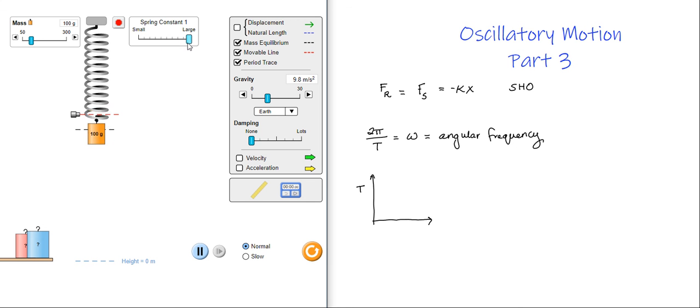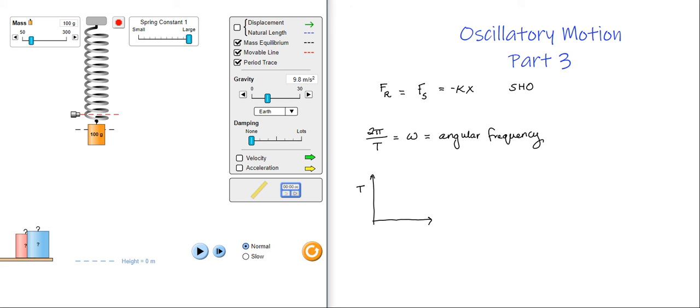Let's see if we really exaggerate it. We see that this amplitude is maybe changing a little bit. The spring is definitely responding. And so as the spring constant increases, we see a definite decrease in the period. Okay, and that makes sense because as it pulls harder, it will restore faster. The net acceleration will be greater.